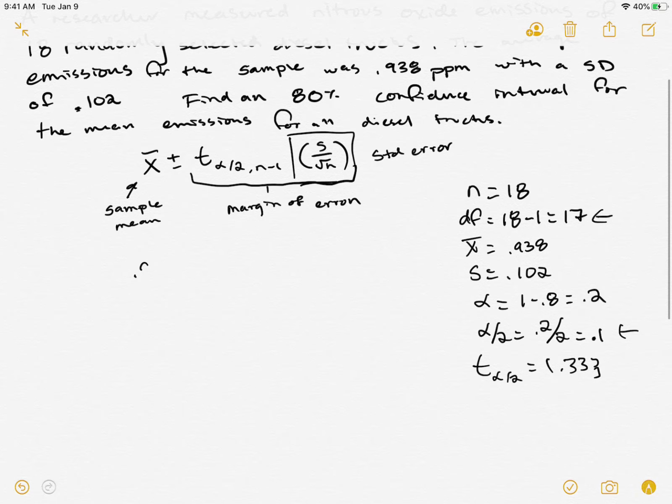So x bar is 0.938, plus or minus our t critical value multiplied by our standard deviation over the square root of n, which is 18.